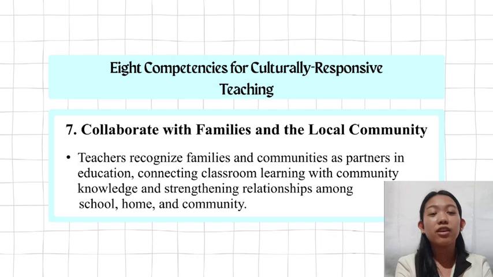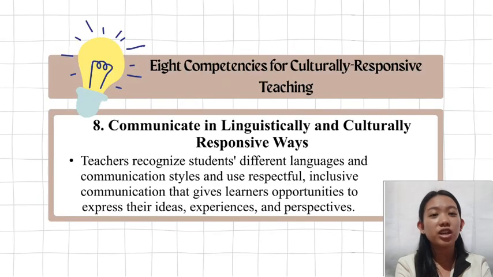Now, the eighth competency is communicate in linguistically and culturally responsive ways. Learners may have different languages, accents, communication styles, and ways of expressing themselves. Teachers should recognize these differences and communicate in ways that are clear, respectful, and inclusive.